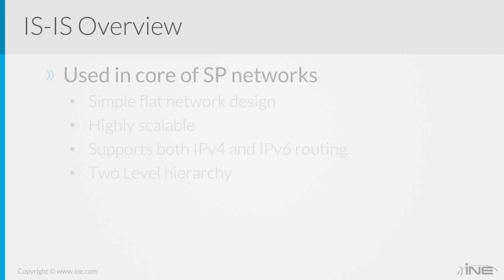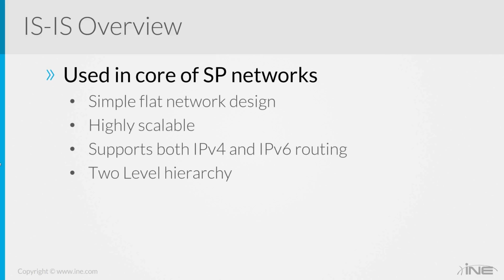Now, the reason why you would use this is because it's used in the core of SP networks, and it provides the ability to build simple flat network designs that scale, and you can basically tweak it as you want to and as you need to. It supports both IPv4 and IPv6 routing, and does offer a two-level hierarchy.